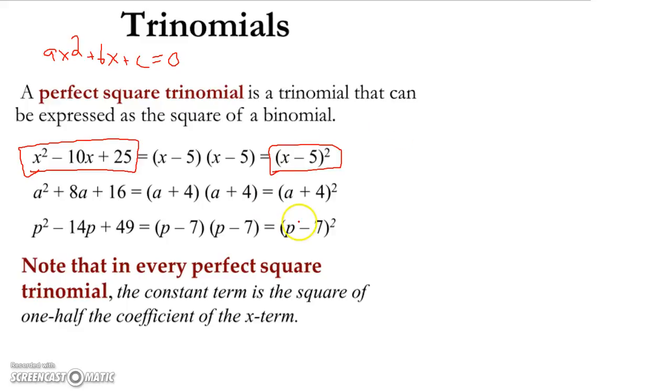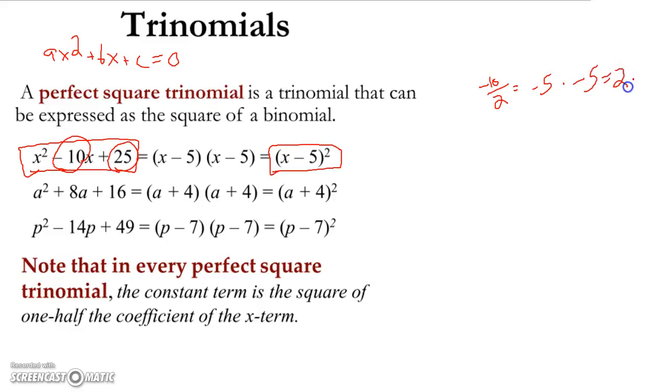But if you'll notice, the key thing about these perfect square trinomials is that the c term, in this case 25, happens to be the square of half of the b term. So the b is minus 10. What's half of minus 10? Minus 10 divided by 2 is equal to minus 5. What's minus 5 times minus 5?